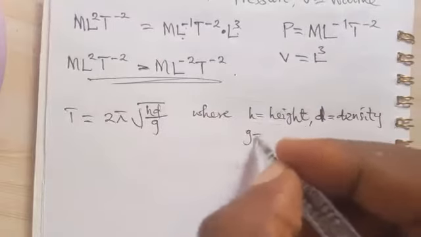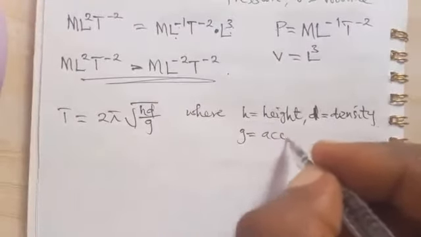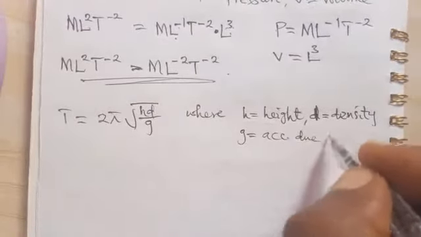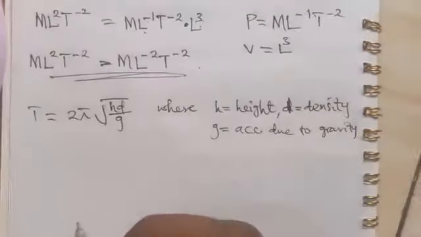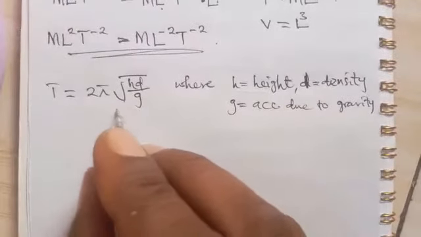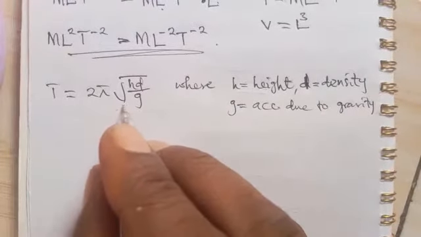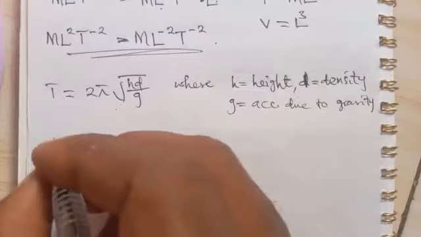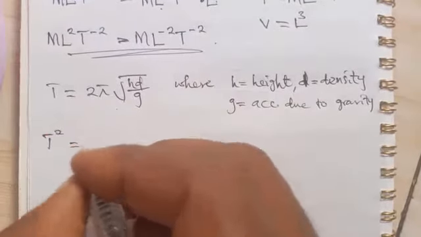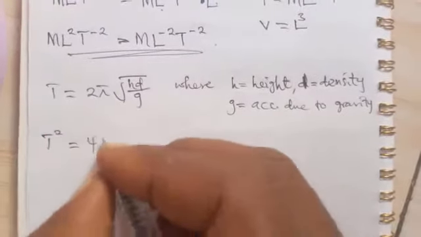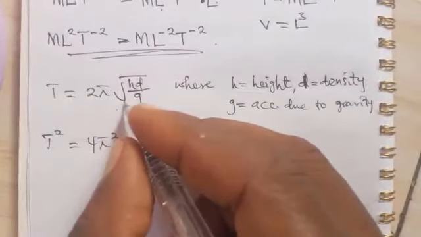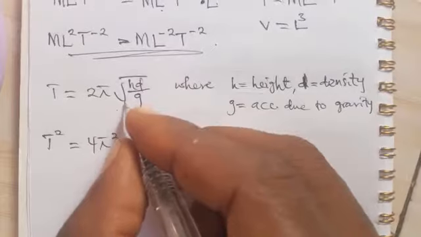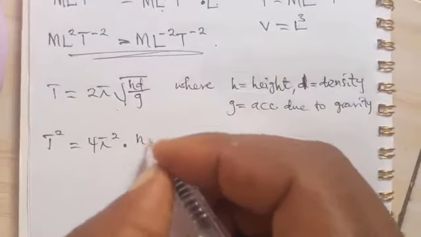Of course, G stands for acceleration due to gravity. So the first thing you do here is to square both sides. So T squared is equal to 2 squared will give us 4, pi squared will give us pi squared. Now squared coming here will remove the square root, so you have times HD over G.